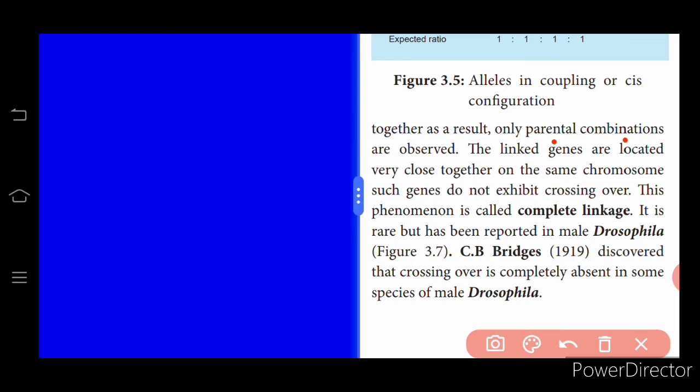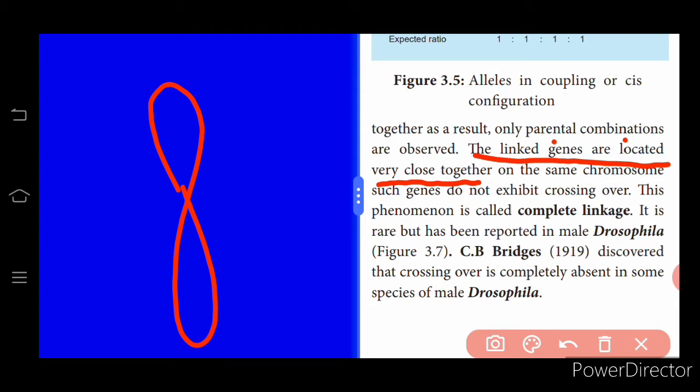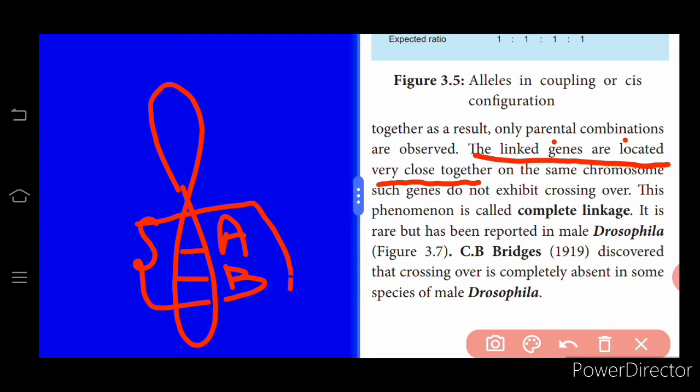The linked genes are located very close together on the same chromosome. This is the key point here. If you consider this to be the chromosome, A gene here and B gene are very close, right? So they always inherit together. They are called the linked genes.